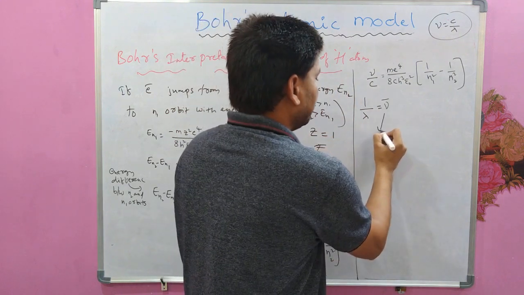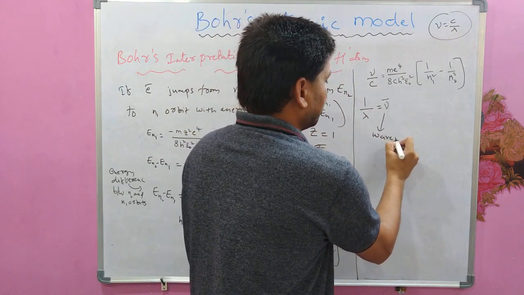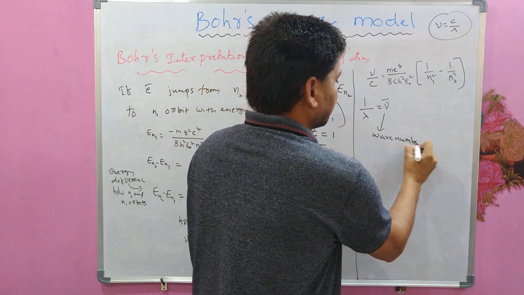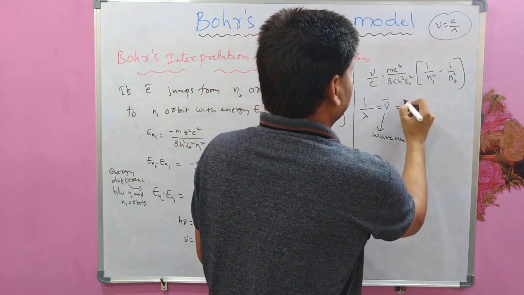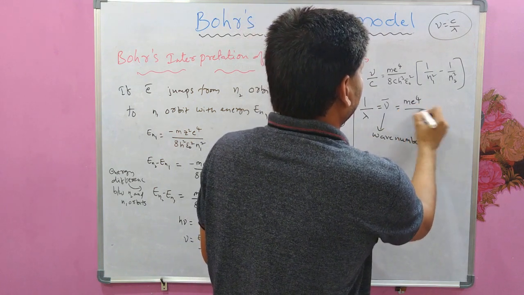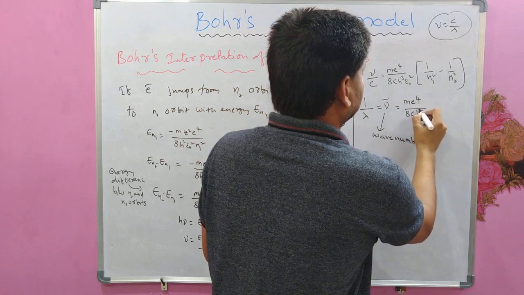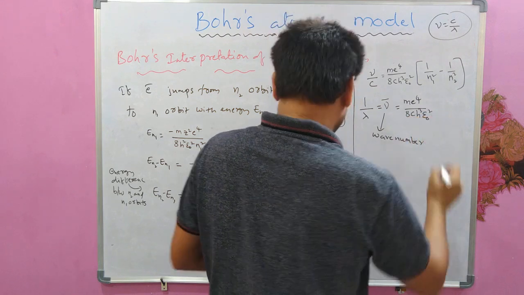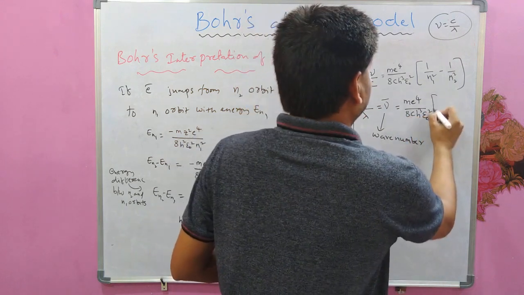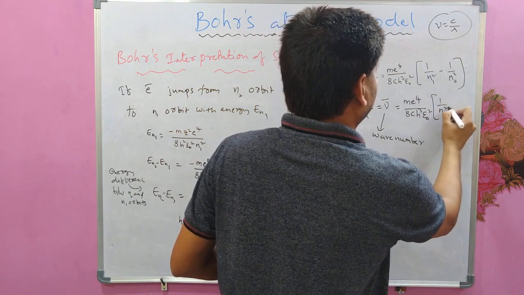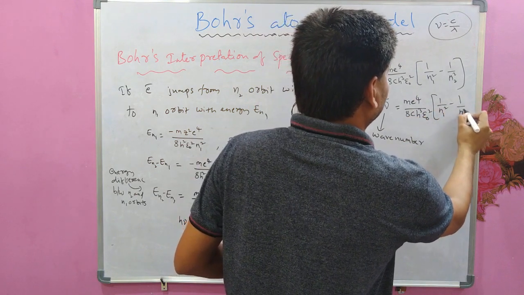What is nu bar? It is wave number. This will be equal to m e power 4 by 8 c h cube epsilon naught square into 1 by n1 square minus 1 by n2 square.